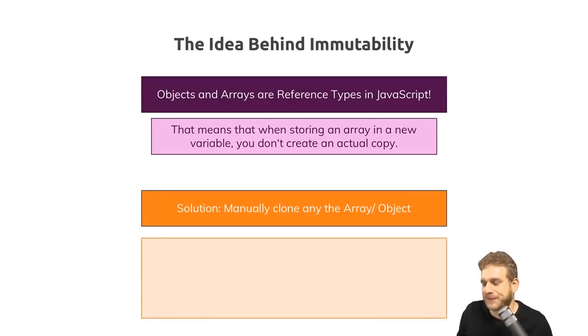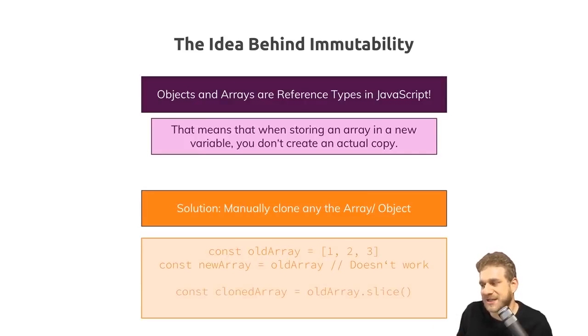So how does this work? Well, here's the situation. Let's say we have an array, 1, 2, 3, and we're storing it in a new constant, new array. This does work, but what doesn't work is that if we then would try to change new array, we would also change old array because of that reference type thing.